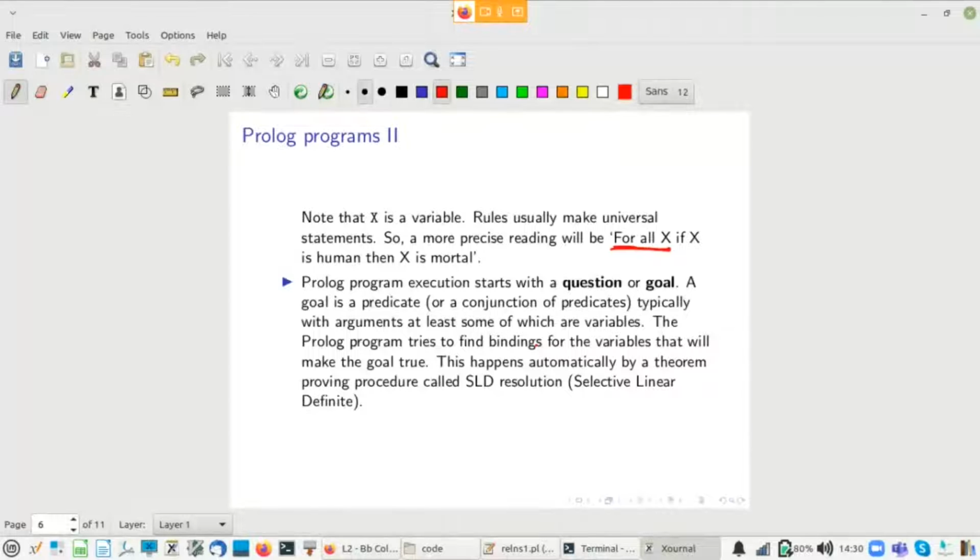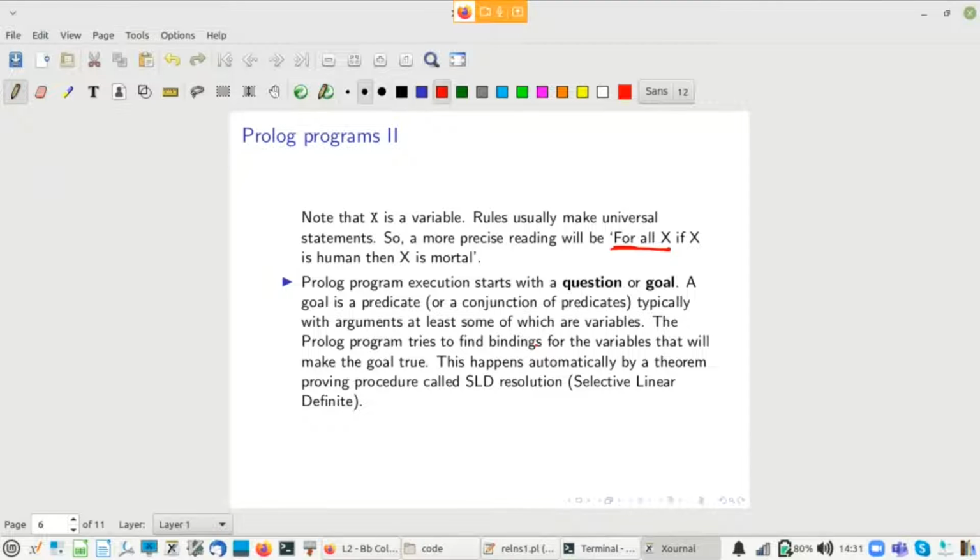If it's a single predicate, it will find bindings for the variable arguments such that the goal is true. If there are multiple predicates, then it will try to find a binding for each of those variables in each of the predicates, so that in conjunction they are true. So the first predicate must be true, then the second predicate, third predicate, and so on, if there are multiple predicates in the goal.